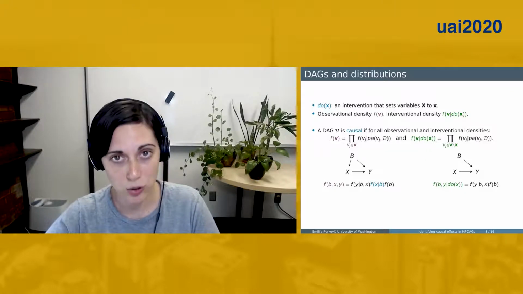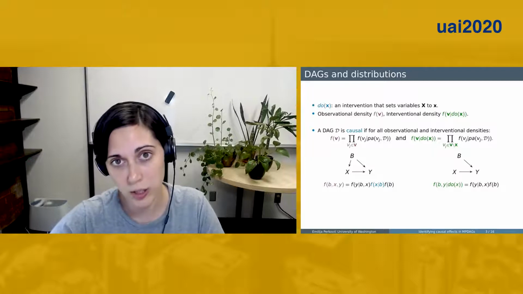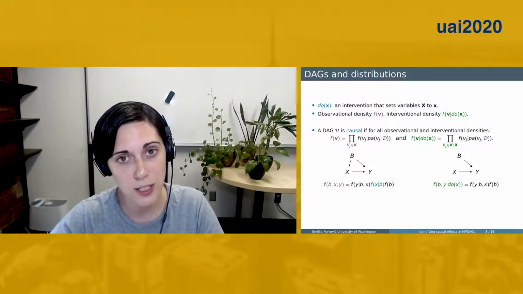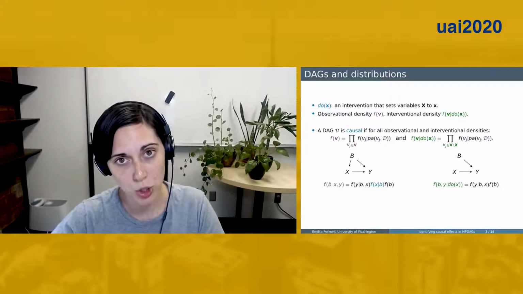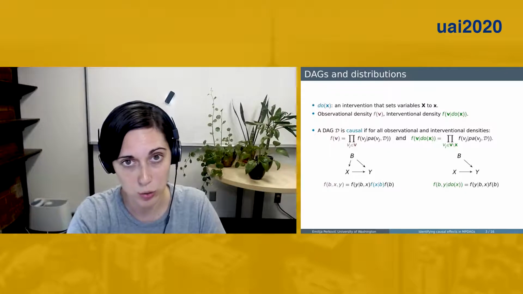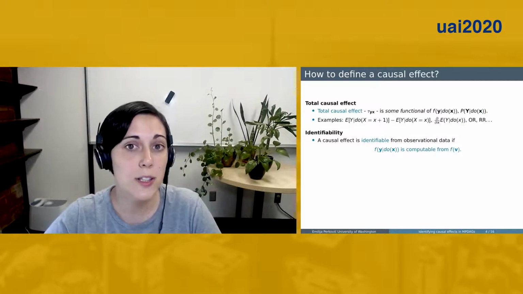Then the interventional distribution decomposes according to a mutilated version of the DAG, where you cut everything into X because now X is fixed. This interventional distribution factorizes in terms of the observational factors that do not include X. So what is then a causal effect?